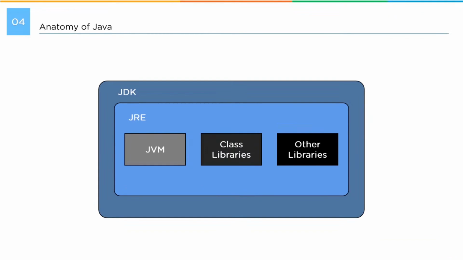Once the program is compiled, your .class file will be generated, and then you can run that .class file using JRE. In fact, if you just run your program on your local machine, JRE will automatically kick in and run your .class file. So the Java Runtime Environment, or JRE, runs your .class file with the help of these three components.